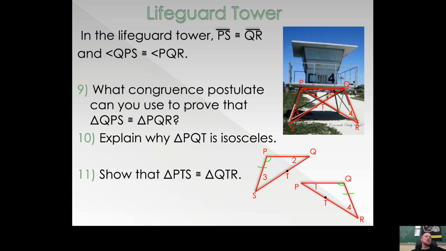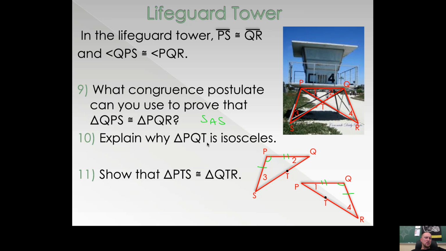What congruence postulate can you use to prove that triangle QPS is congruent to triangle PQR? Well, hopefully you recognize that this segment PQ is on both of these triangles. It lives right here by the reflexive property. So you could use the reflexive property to say that those are congruent, and then you could use side, angle, side to say that these triangles are congruent.